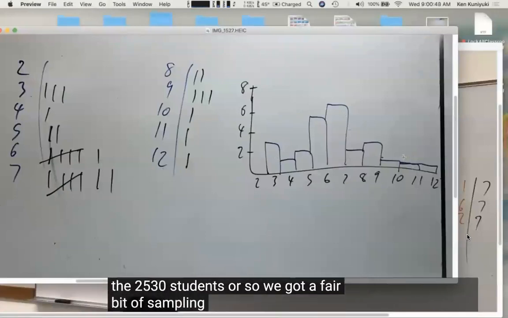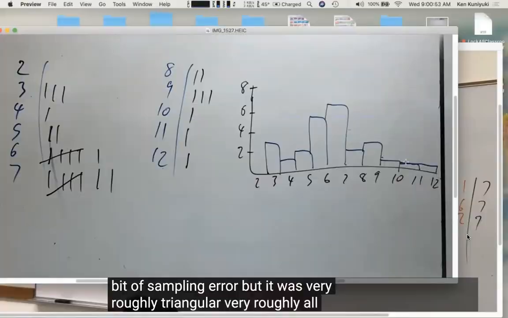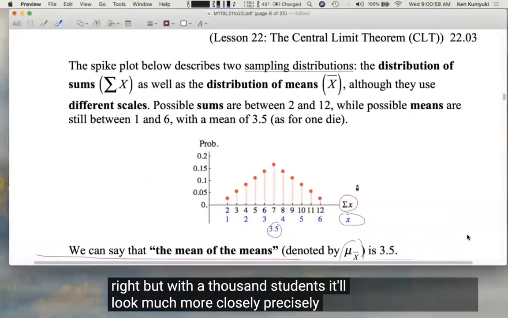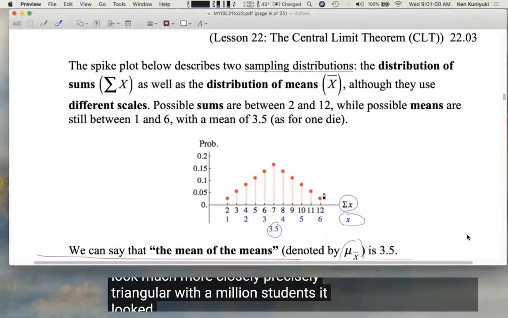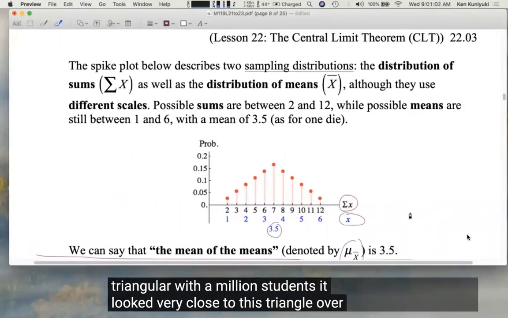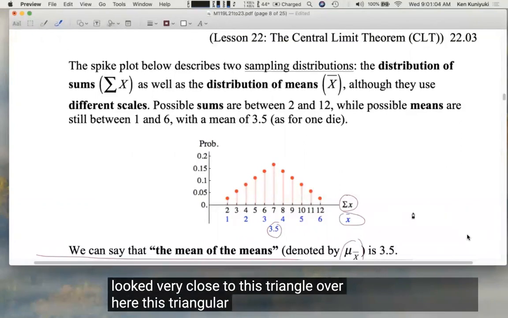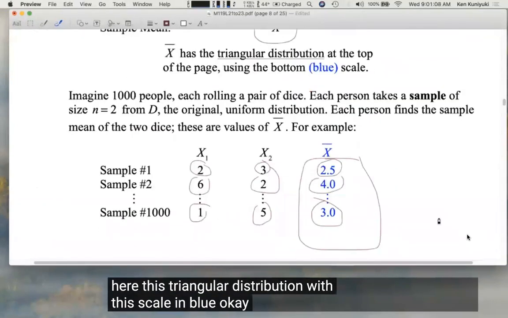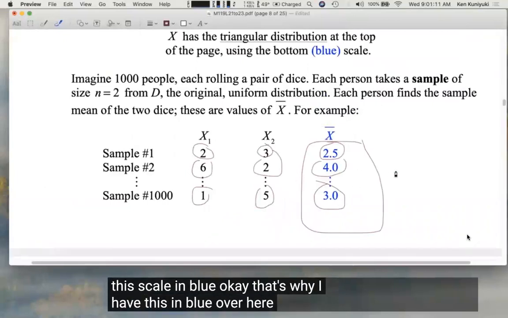We got a fair bit of sampling error, but it was very roughly triangular. But with 1,000 students, it'll look much more closely, precisely triangular. With 1 million students, it looked very close to this triangle over here. This triangular distribution with this scale in blue. That's why I have this in blue over here.